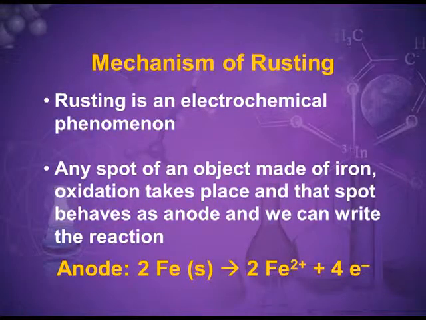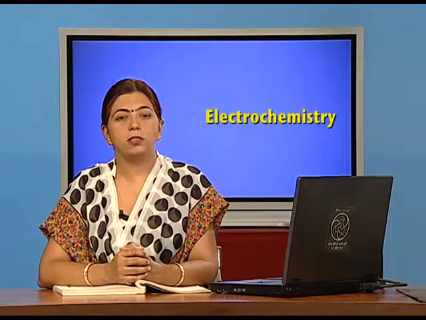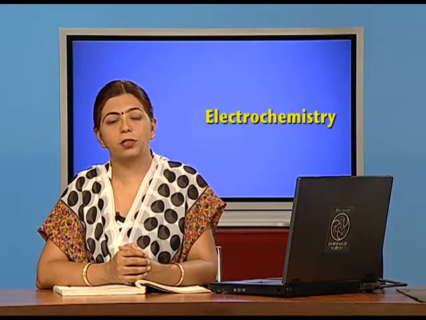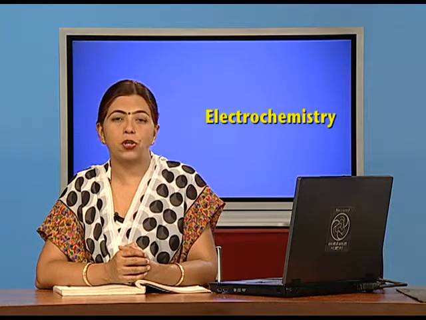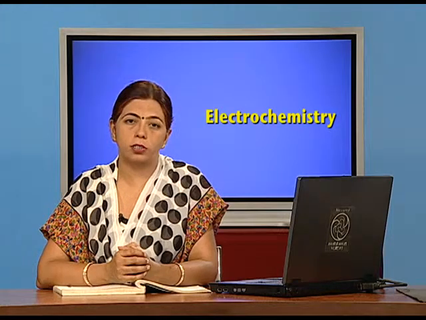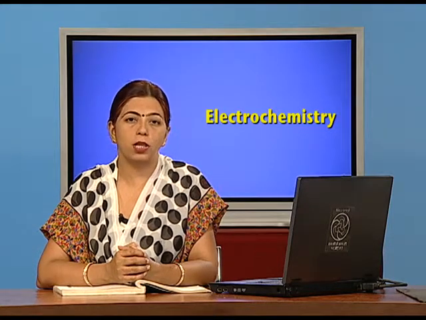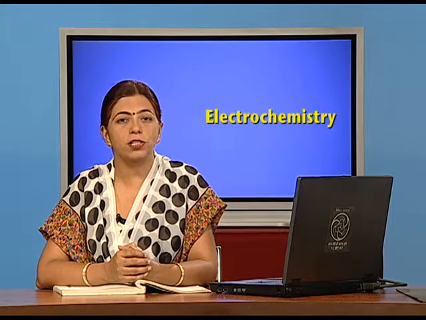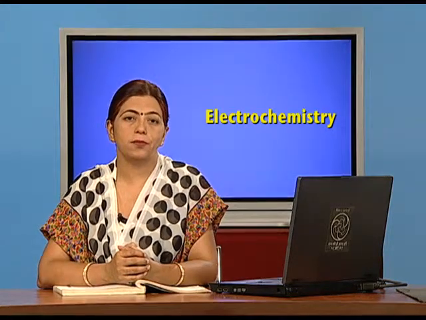Let me explain the mechanism of rusting. Any article made up of iron, when it comes in contact with air and moisture, starts developing a brown coating on it. This brown coating is the rust. Chemically, it is hydrated ferric oxide.